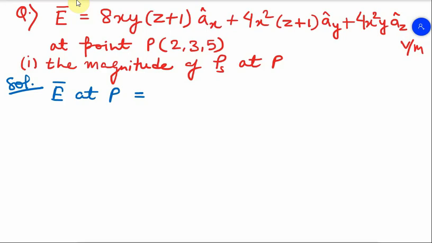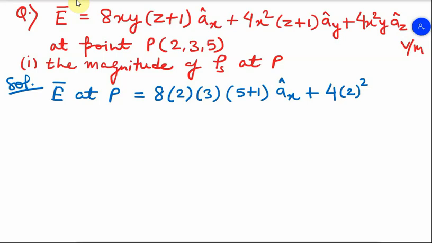So obviously, to determine E at this point P, we put x equal to 2, y equal to 3 and z equal to 5 in the expression of E. It would be 8 into 2 into 3 into 5 plus 1, this is ax, plus 4 into 2 square into 5 plus 1, ay, and then plus 4x square y.